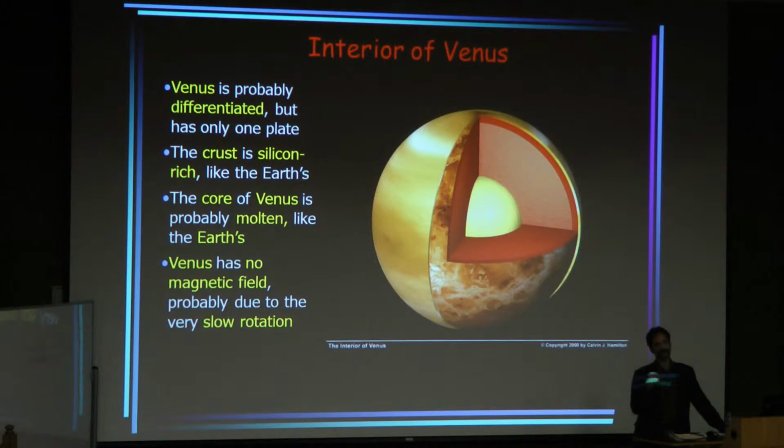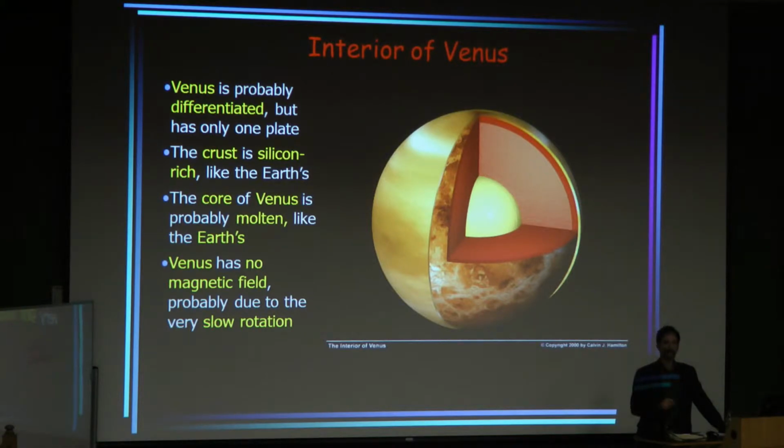So Venus' spin is so slow, it's probably not exciting internal currents that are electrically conducting. And when we look at Venus, we see no magnetic field. So this actually fits the expected paradigm. It doesn't satisfy both of the conditions. It only satisfies one. There's a molten core, but it does not satisfy the criterion for rapid rotation. So the fact that we don't see a magnetic field is something we would expect.